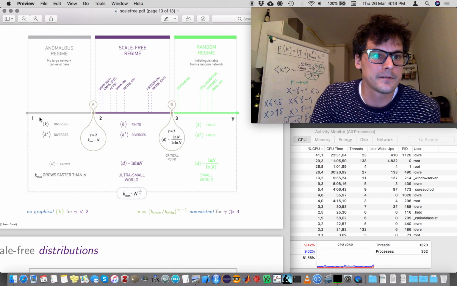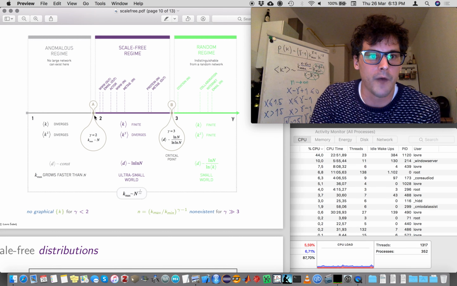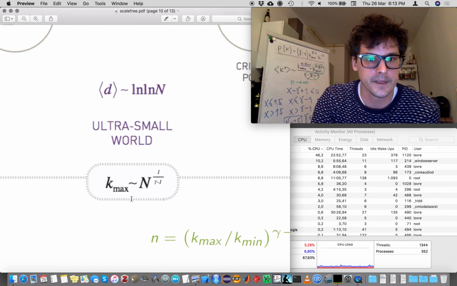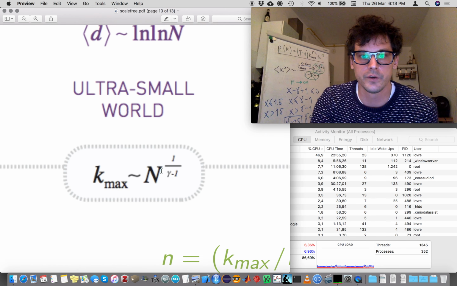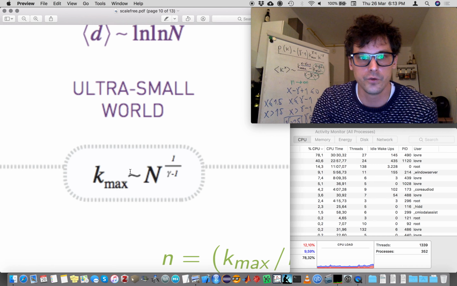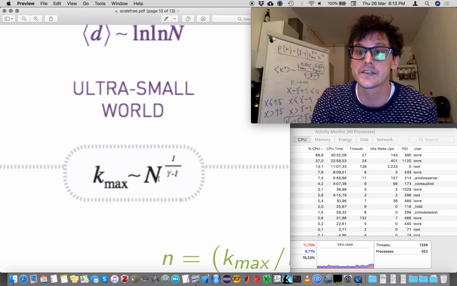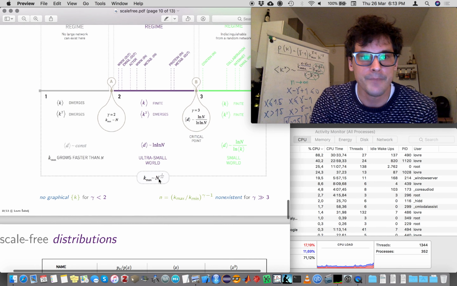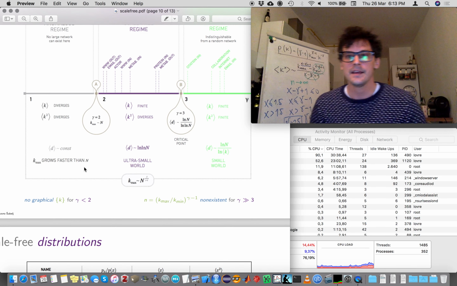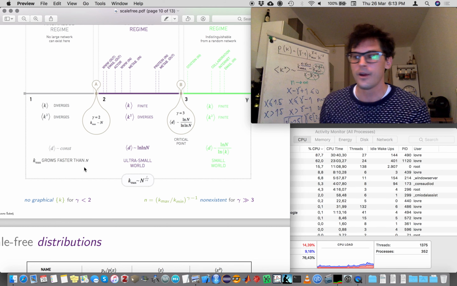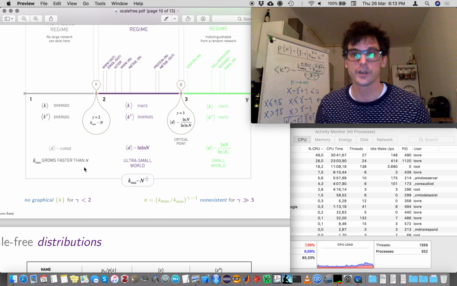If you plug some value between 1 and 2, let's say 1.5, into this formula, you get 1.5 minus 1, so it's 0.5. 1 divided by 0.5 is 2, so K must scale as the square of n, meaning that the largest degree scales as the square of the size of the network, which is of course impossible.